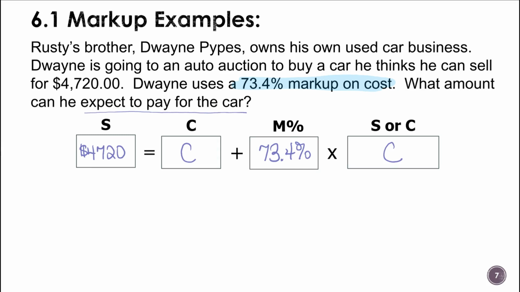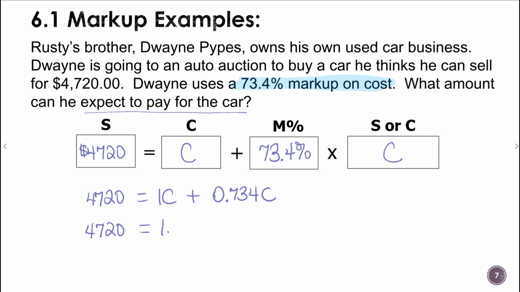So now we can write the equation that we're going to solve. 4720 equals C plus 0.734C. And then hopefully you recognize this. This is a 1C because we did some equation solving with some similar type numbers.